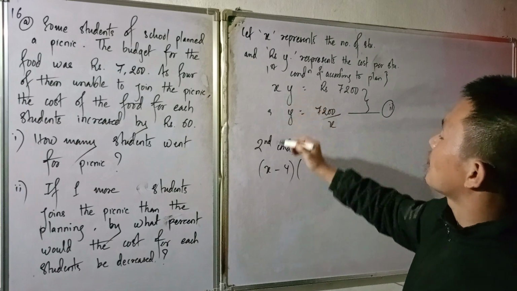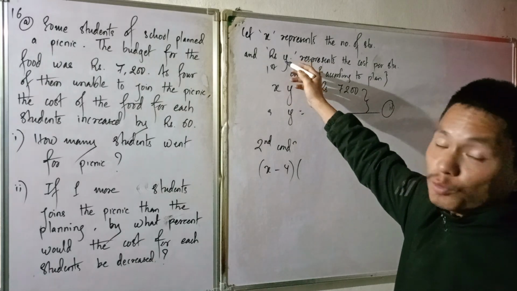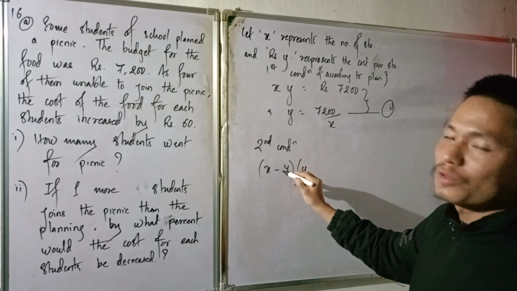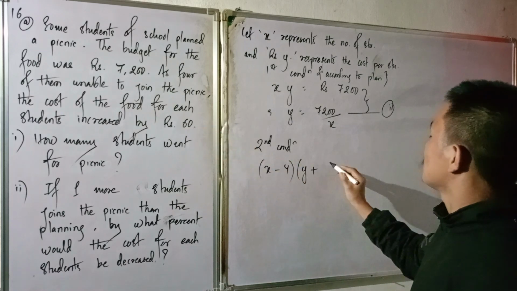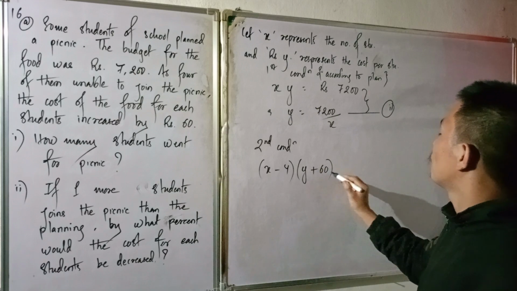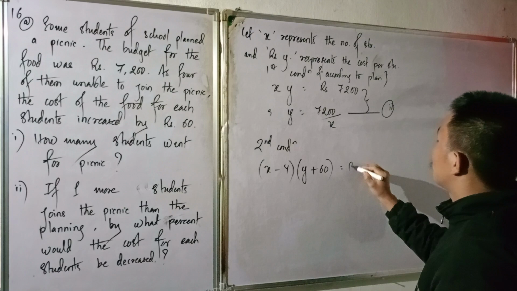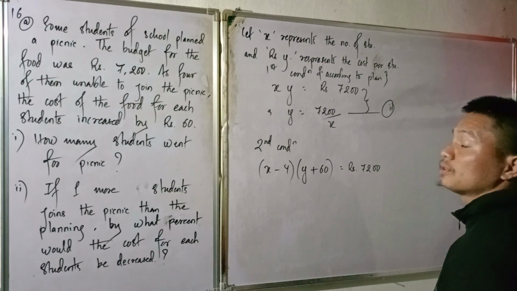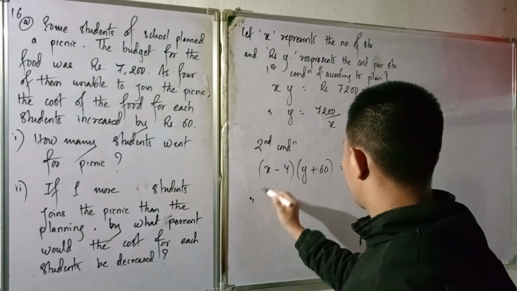So there are X minus 4, and the cost is actually rupees Y at the beginning, but due to the 4 students being absent, the cost has been increased by rupees 60. You have to add 60 to that Y, and the total cost will be the same, 7200. Okay, now we can simplify this.